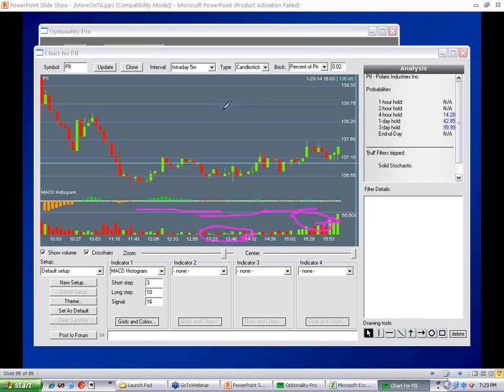Let's see here. Joe says, I noticed that the pit of hell stocks don't seem to cross the Bollinger Band. That's not what the pits of hell filter does. The pits of hell is looking for where the Keltner and Bollinger bands are overlapping, and that shifts.